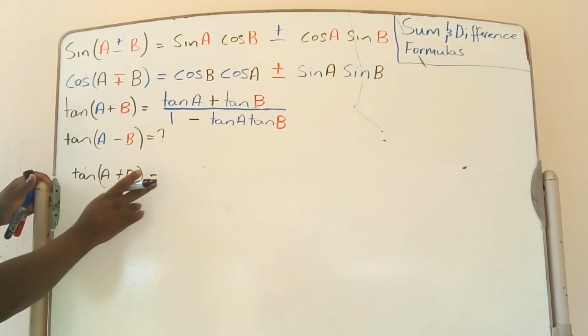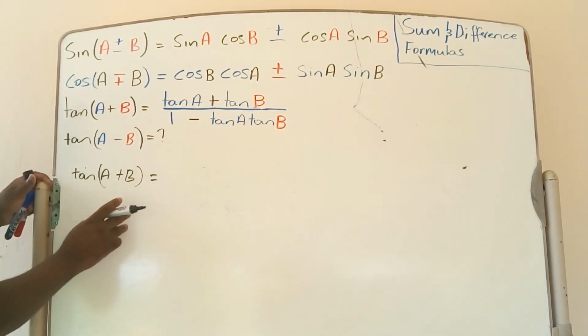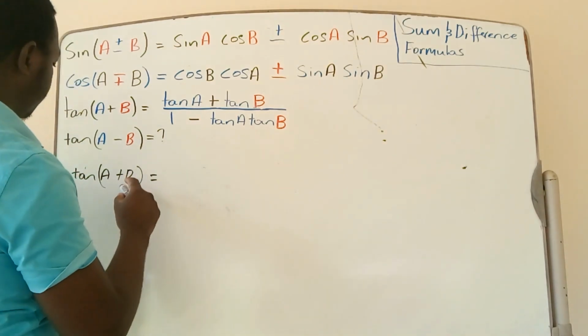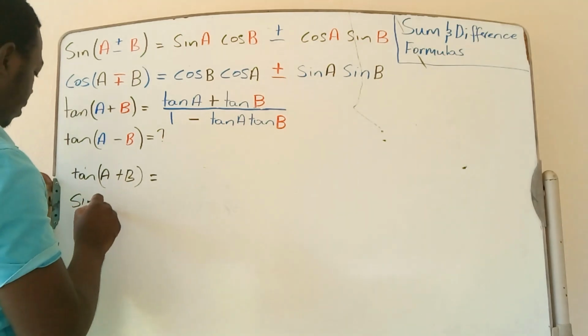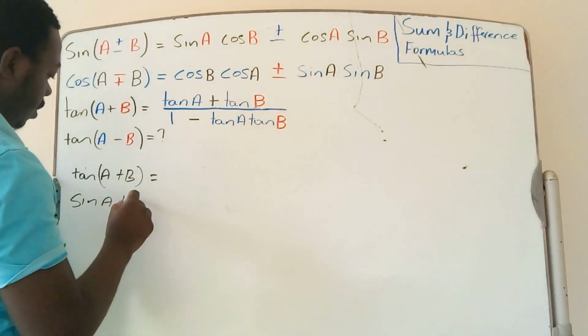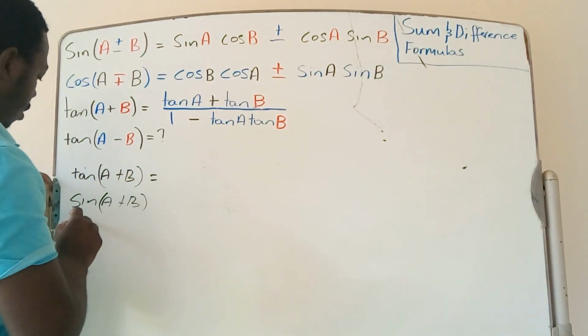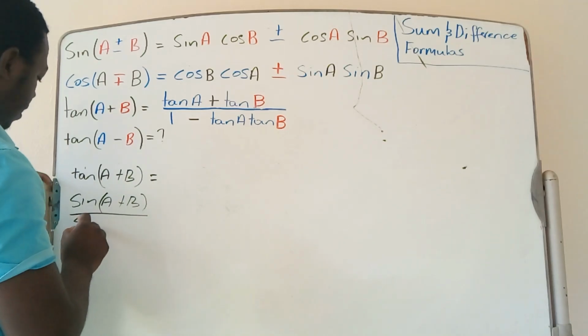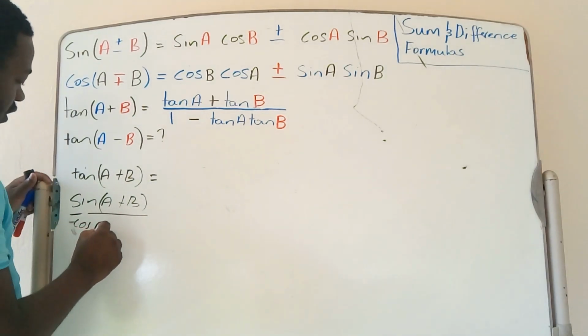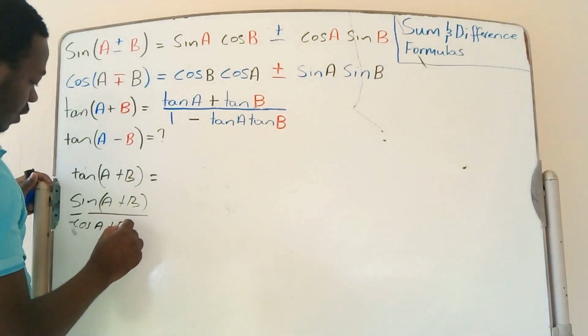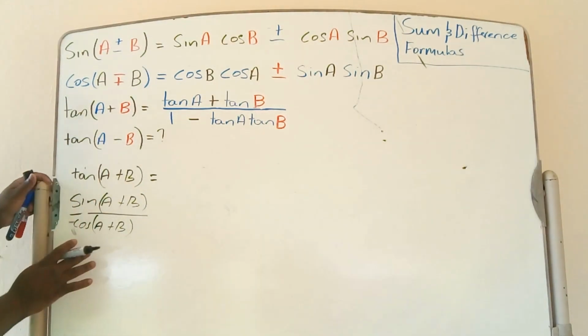But what I'm going to do, I'm just going to expand it right out. So this is the same thing as sine of A plus B, all divided by cos of A plus B. That's what tan of A plus B is equal to, right?